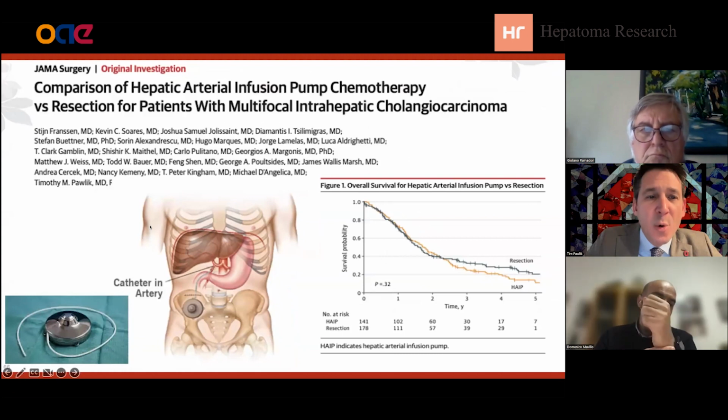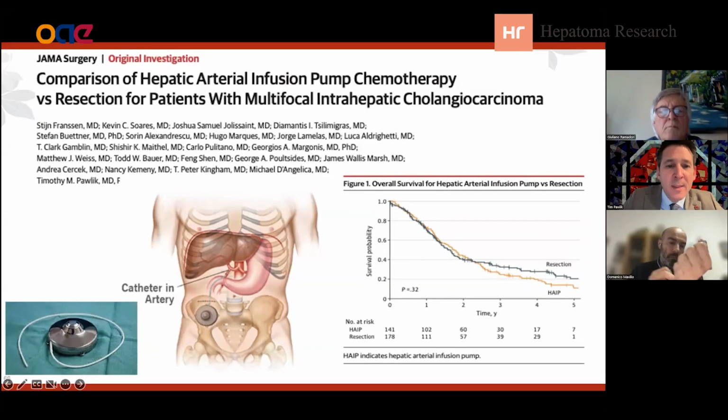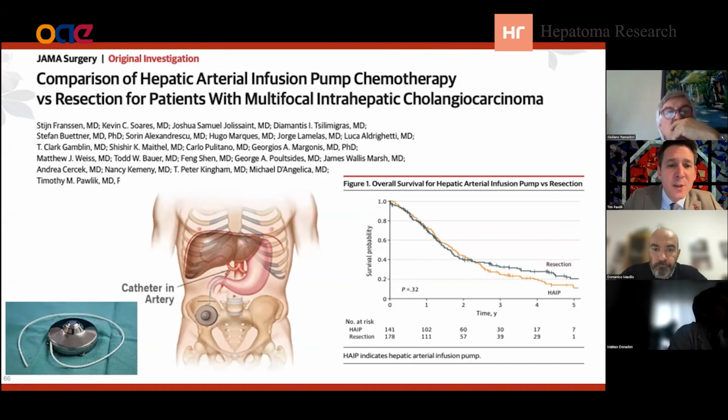The Memorial Sloan Kettering group and others have shown that placing a pump can be very effective for controlling disease in the liver. And there's about 10 to 15% of patients who will have a response and be converted to having operable disease. So I think that's another approach that we will frequently use if the disease is predominantly intrahepatic.